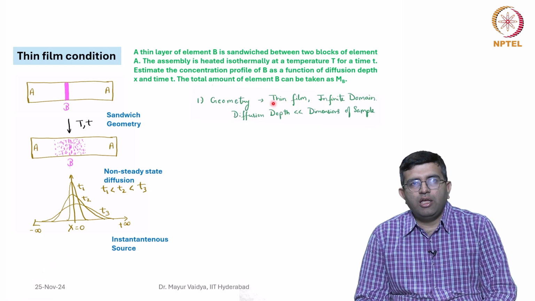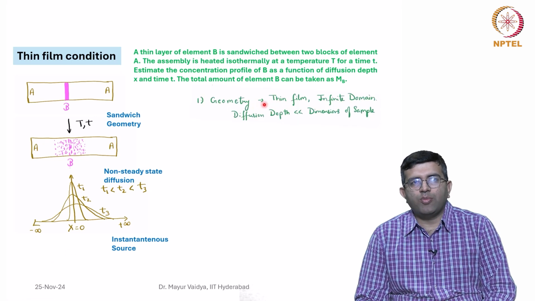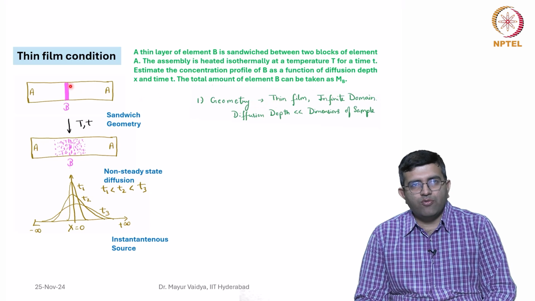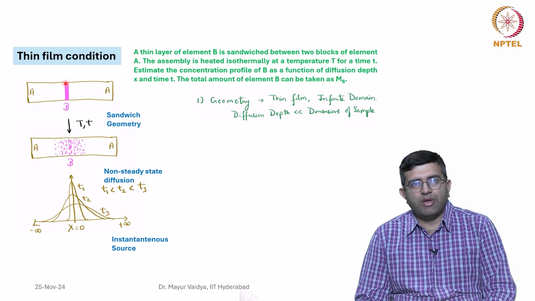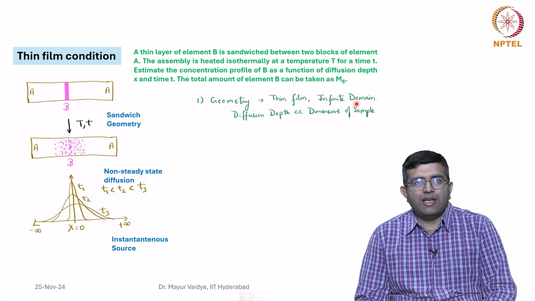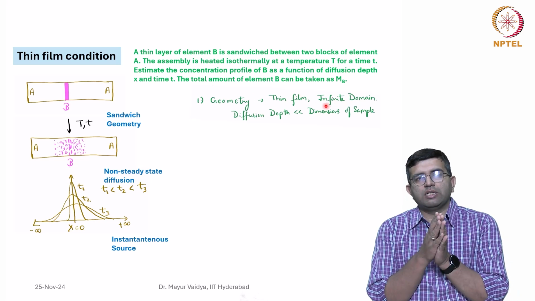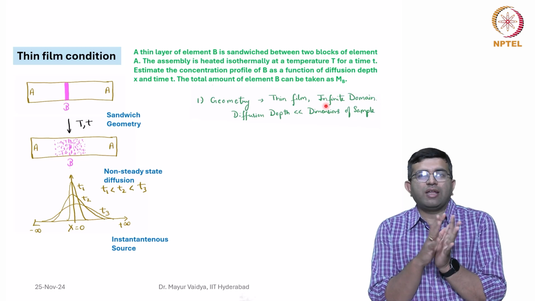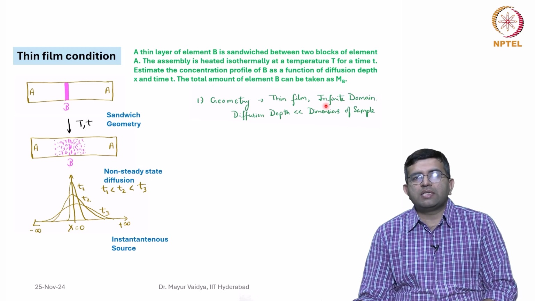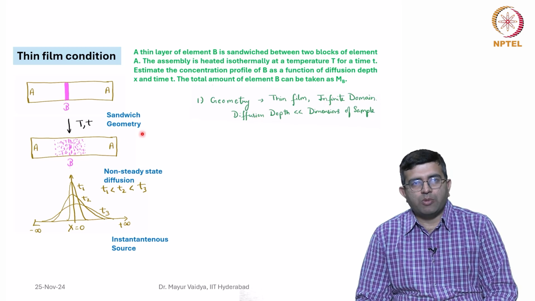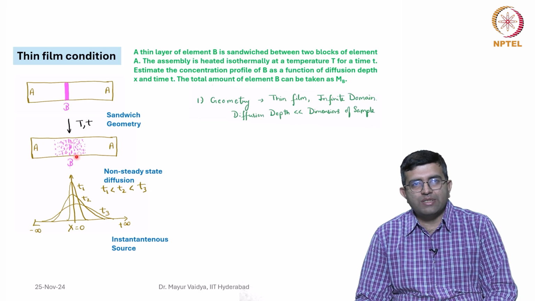Now, when we say the geometry of the problem, it is a thin film because it is a very thin layer of B that is deposited. It is an infinite domain. This is very important to know. What infinite domain means is that the diffusion depth, the depth to which B diffuses inside A, is much smaller than the dimensions of the sample.